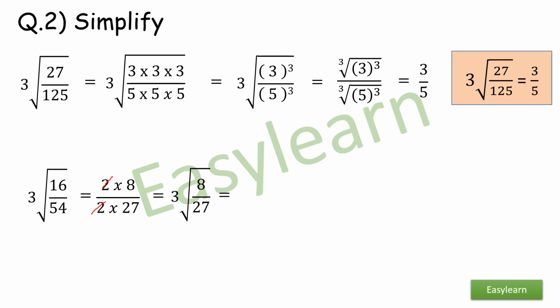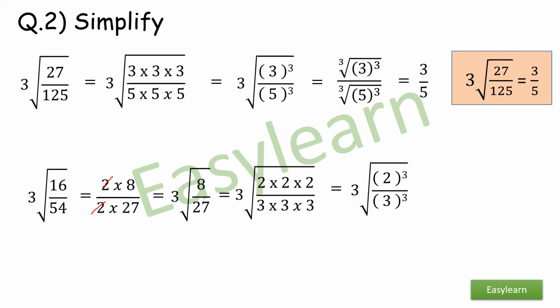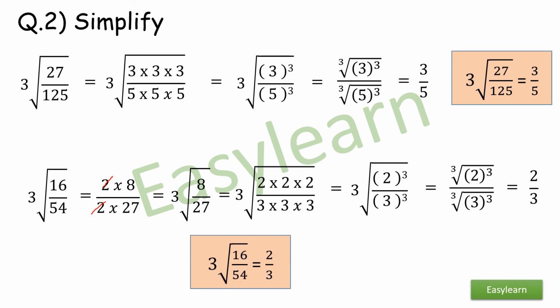The factors for 8 are 2 into 2 into 2 and the factors for 27 are 3 into 3 into 3. Therefore, we get cube root of 2 cube upon 3 cube, which is equal to 2 upon 3. Therefore, the cube root of 16 upon 54 is equal to 2 upon 3.